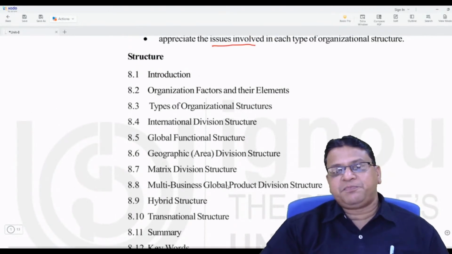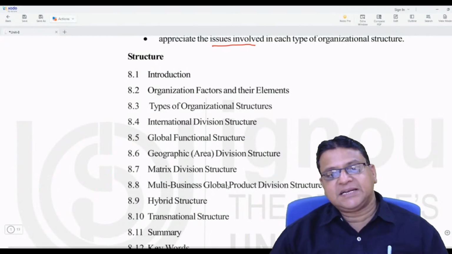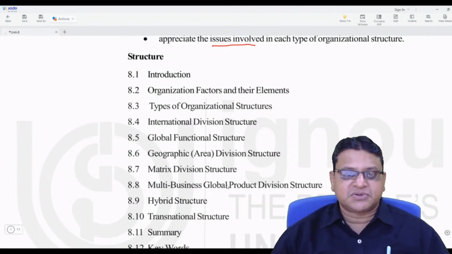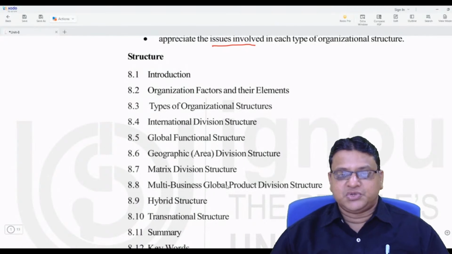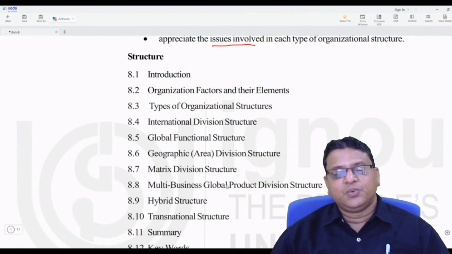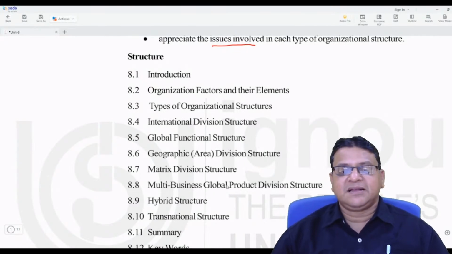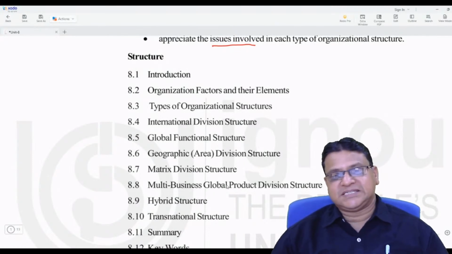Then we will discuss certain factors of organizational structure, types of organizational structure, international division structure, global functional structure, geographic division structure, matrix structure, multi-business global production division structure, hybrid structure, transnational structure, and we will summarize our discussion. We will discuss some keywords and then I will give some additional material for further reading on organizational structure.